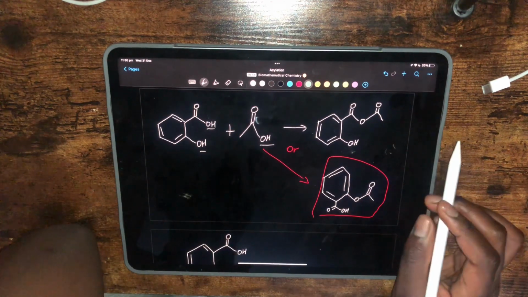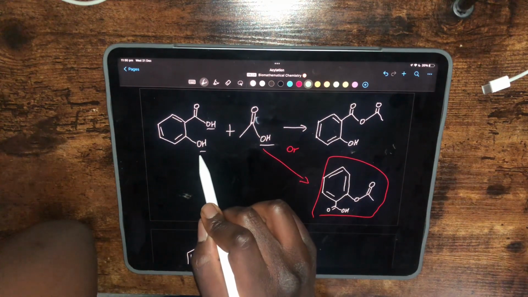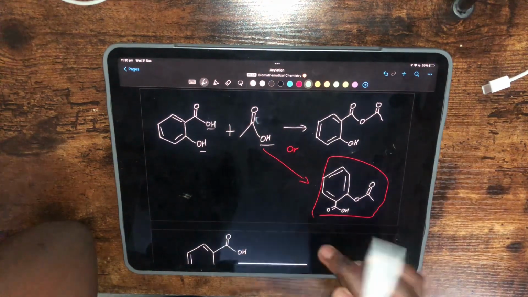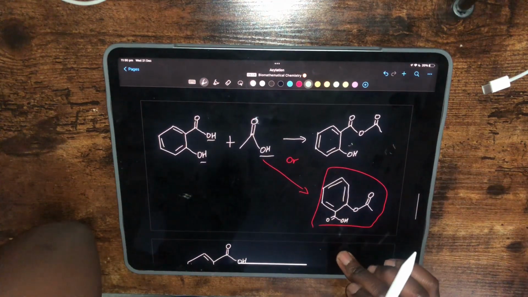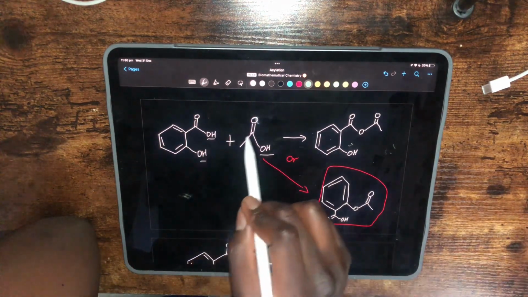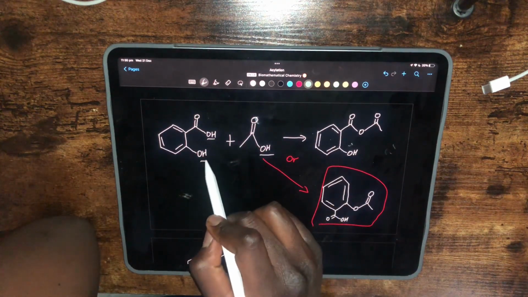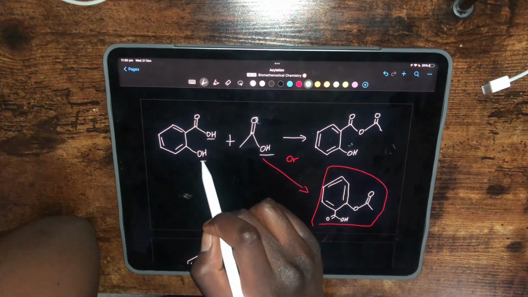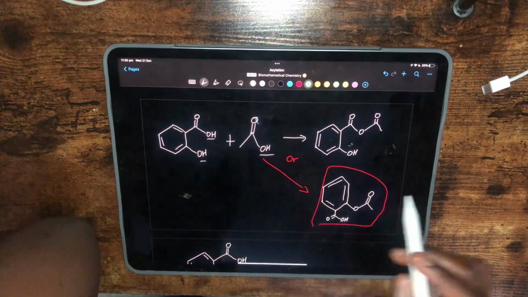Actually, this is the one that's acting as your, so make sure that I don't incorrectly say something here. If this is reacting with your carboxylic acid, then this would be acting as the nucleophile, because it's the one that's acting as the alcohol here to get this reaction.